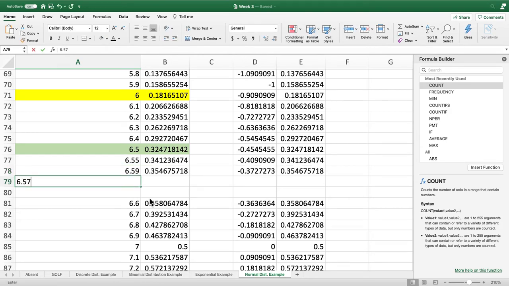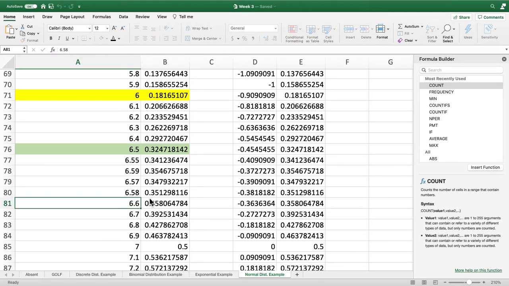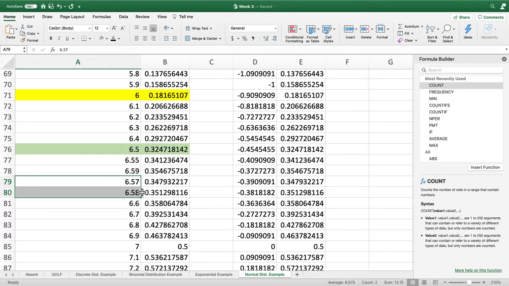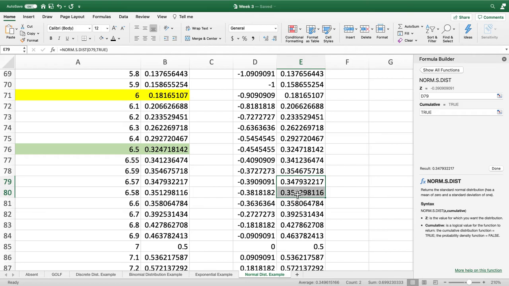Let's try 6.57. That's a little low. 6.58. That's a little high. So somewhere in here, we cross over to the 35th percentile. So 6.57, 6.58, either one of those two would be acceptable due to where it crosses here.